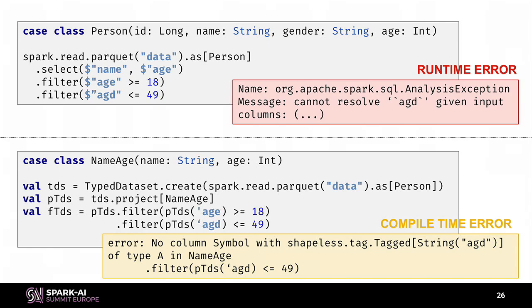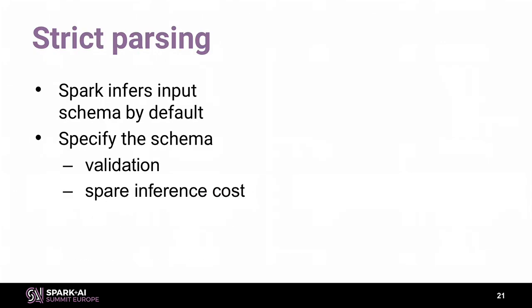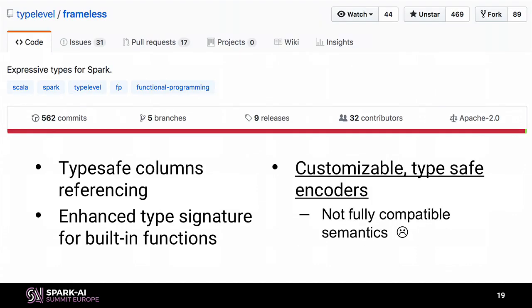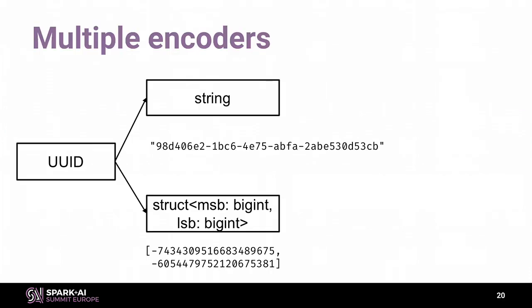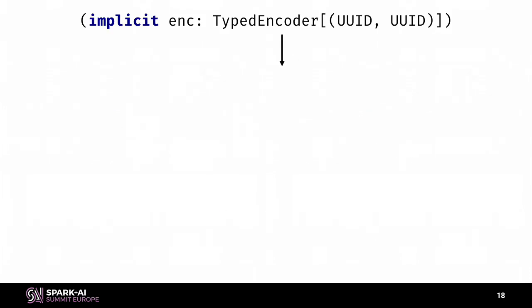So how do you solve the problem with arbitrary types? Arbitrary types mean any arbitrary type that can appear on the JVM. This can be solved by defining an encoder for that type. As I mentioned here, whenever you are using a type that is not supported by Spark, you have to write an encoder for it.